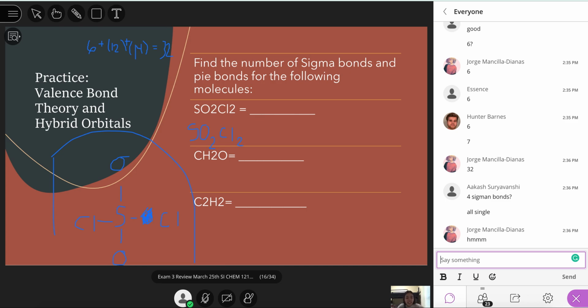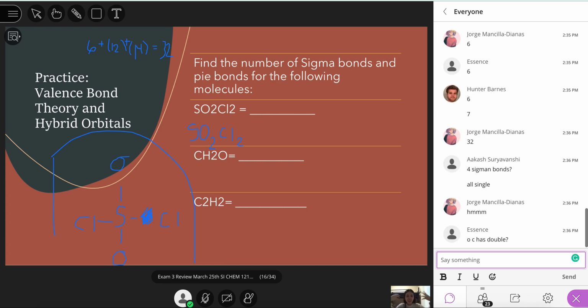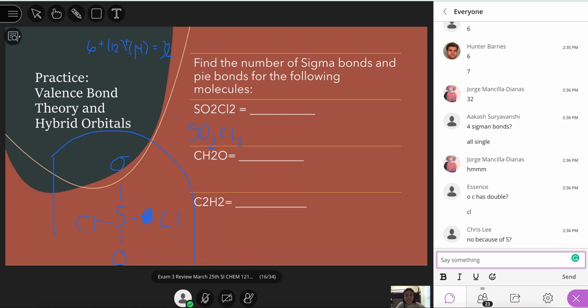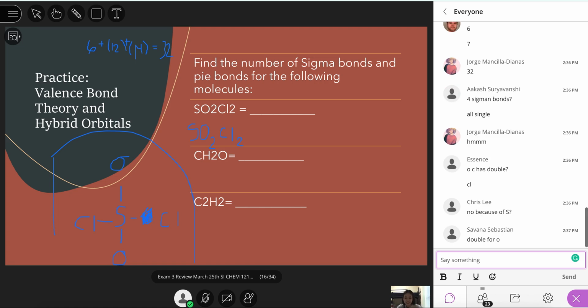If you're going S to O, what type of bonds are you going to have? O to S has double bonds. Actually, you're going to have a double bond, not all single. Yeah, double for O. Usually with O bonds, they tend to have double bonds.